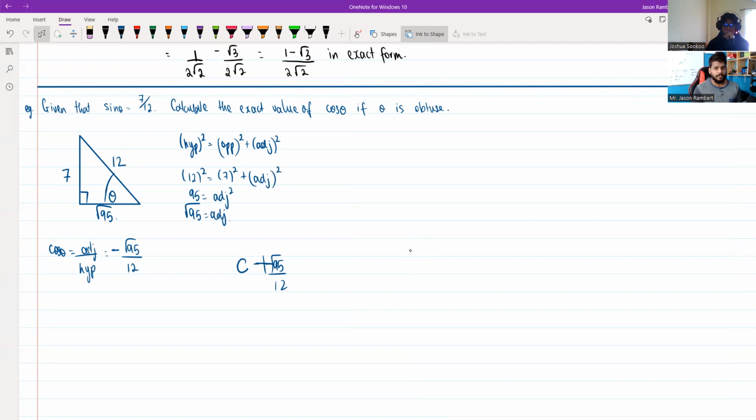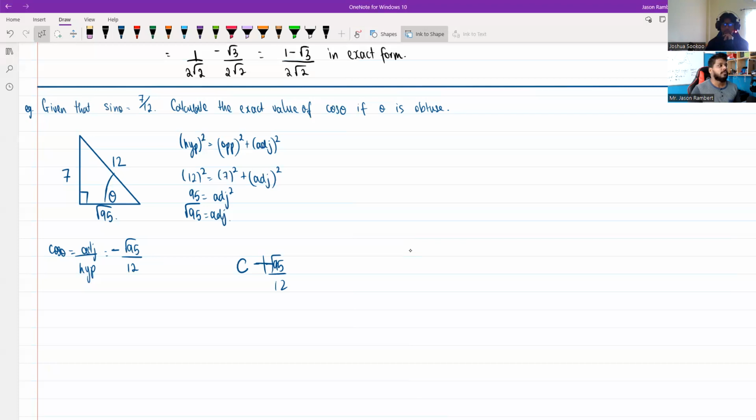Now, if students go on to calculating what theta is, there's no way I can figure out that cosine theta is negative root 95 on 12. I will get a decimal equivalent to it. Some calculators will give it to you as a fraction, and that's the advantage of some calculators over the one I use.